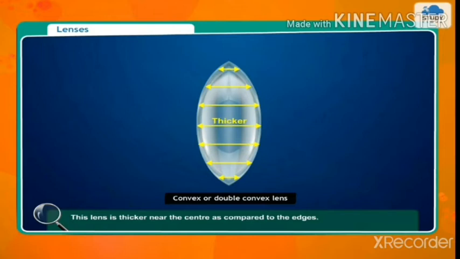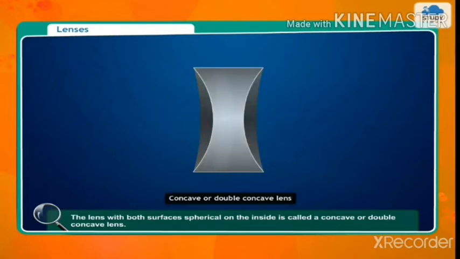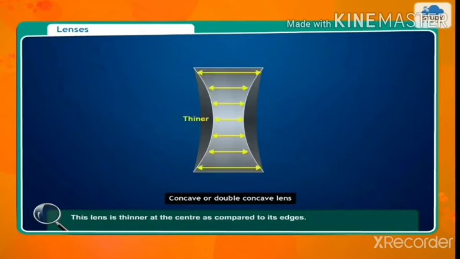The lens with both surfaces spherical on the inside is called a concave or double concave lens. Understand, students? Now we will see, this lens is thinner at the center as compared to its edges.